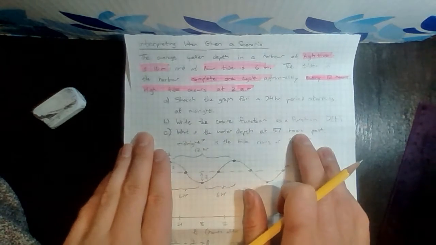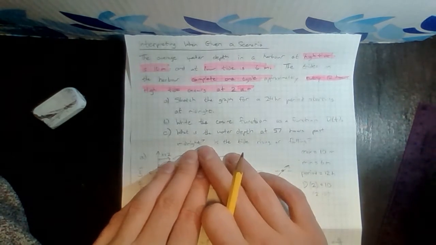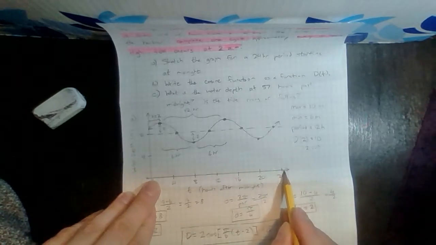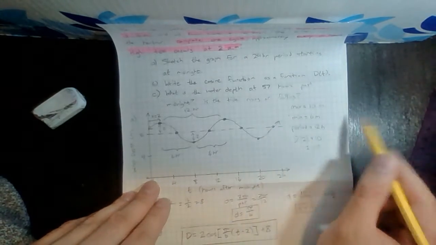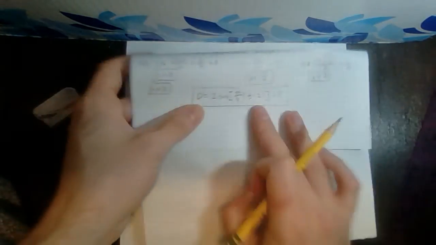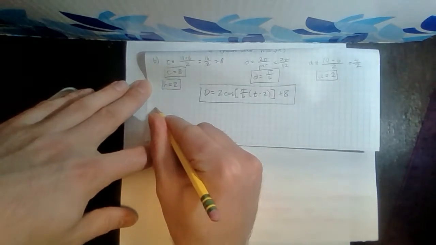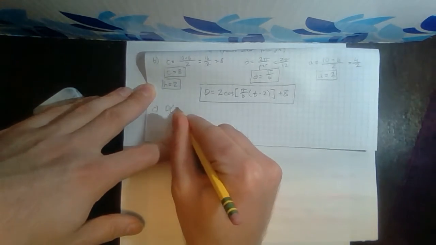Final question. What is the water depth at 57 hours past midnight? Is the tide rising or falling? So 57 hours past midnight, that's way off our graph. We could keep continuing the graph, but we don't need to now that we have an equation. 57 hours past midnight, we're interested in what is d of 57?